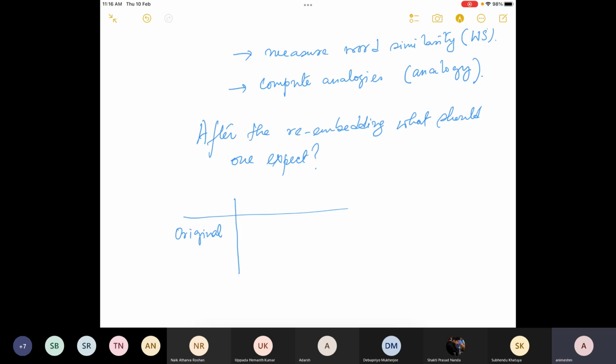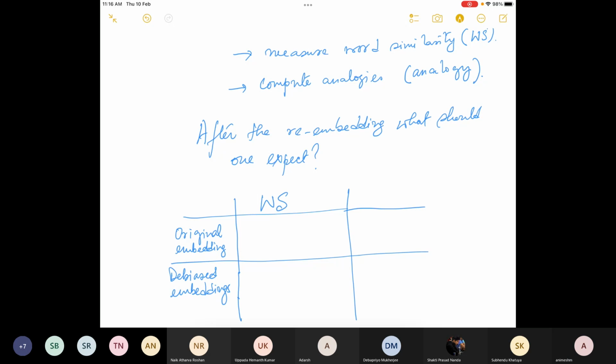This was the first thing that they established. And on two different data sets, the word similarity task and the analogy task.